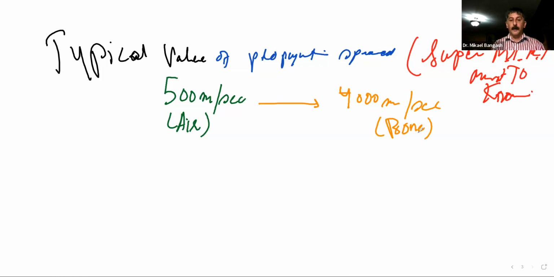Clear? But in the middle of all these speeds, it is going to be 1,540 meters per second.